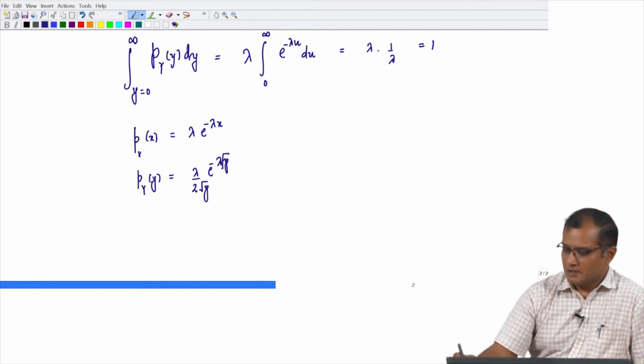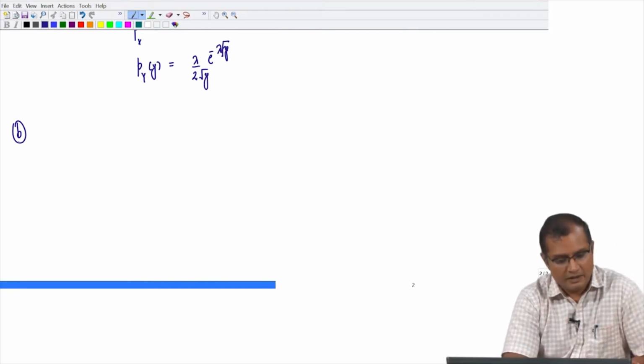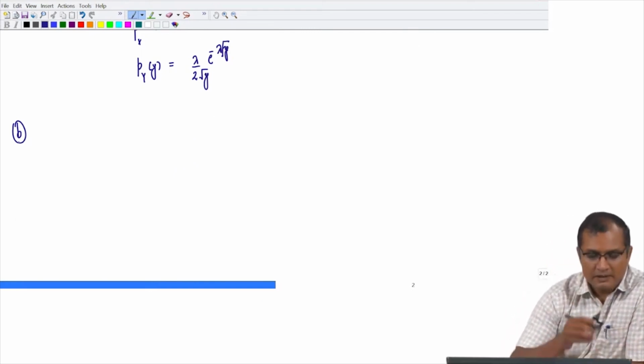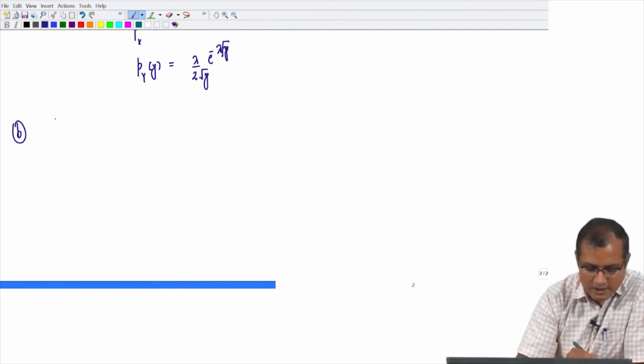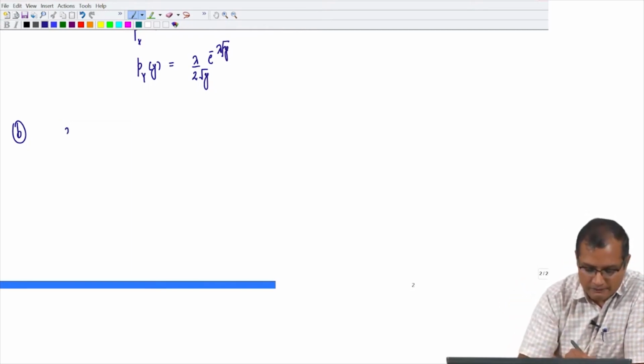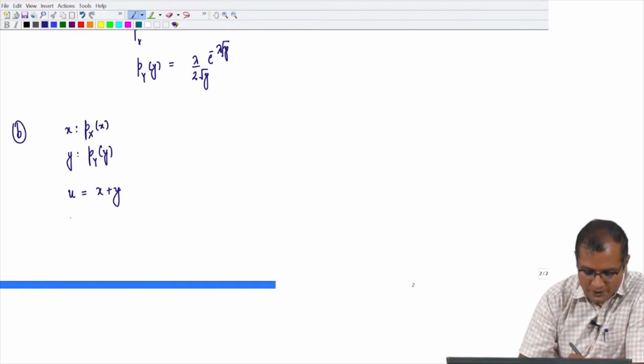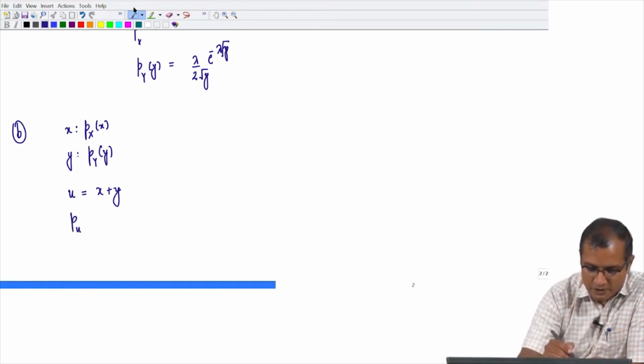Fine. So, now let us proceed to a slightly more general case, that if you have a sum of two random variables, let us say you have x and y as two random variables, x distributed as p of x, and you have another variable y which is distributed as p of y, and you define a new random variable u which is x plus y, then you want to know how this random variable u is distributed.